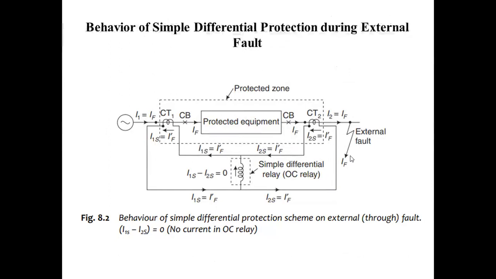Here there is CT1, here is CT2, and both circuit breakers are connected to the protected equipment. This differential protection operates only when an internal fault occurs on your system. Otherwise, it does not operate in normal or healthy condition, or for an external fault, because the CT1 and CT2 currents are not changed.